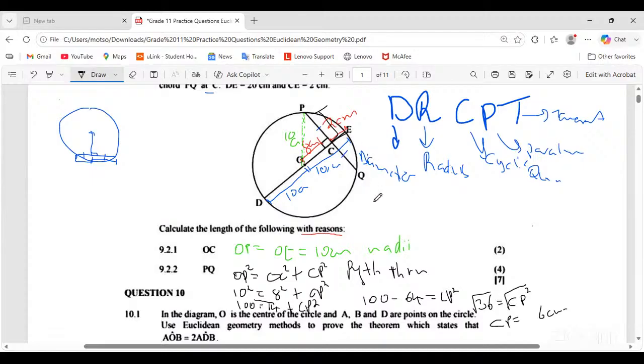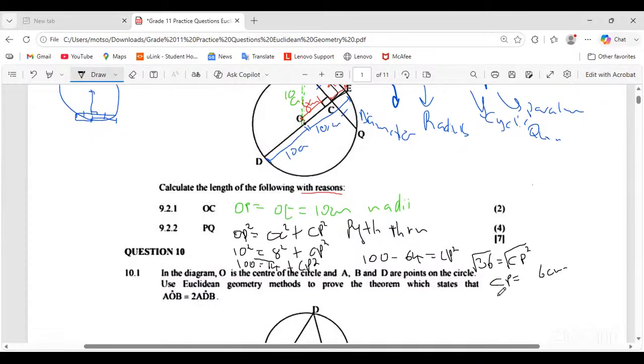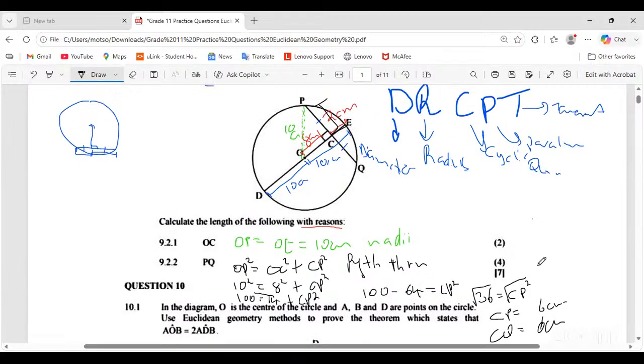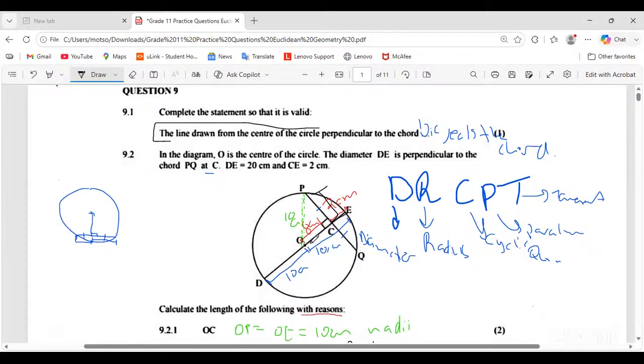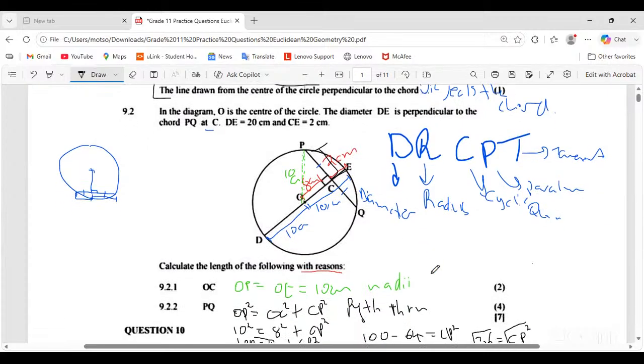Now, let us go for CQ. We will say CQ is equal to 6 centimeters. Then your reason, you will state this reason from theorem 1, that the line drawn from the center of the circle perpendicular to the chord bisects that chord.